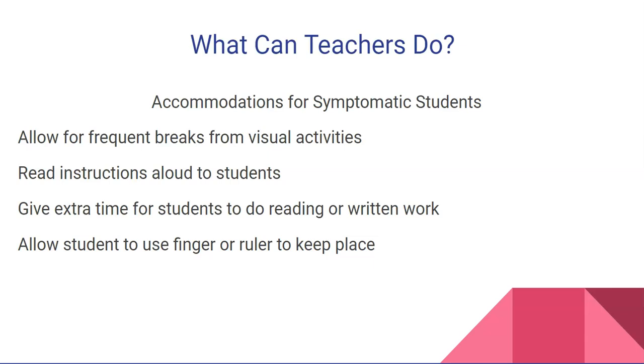Let them hear the instructions, assignments, and problems instead of having to read them. Allow them extra time, and allow them to use tools like a finger or rule to help them keep their place. It would be ridiculous to expect a broken leg to get better by running on it more. The same is true for the visual system. It will not get better just by working it harder.